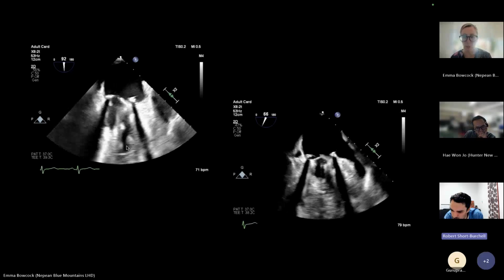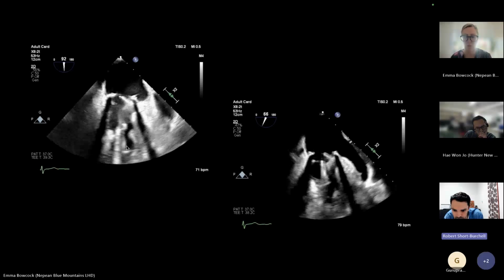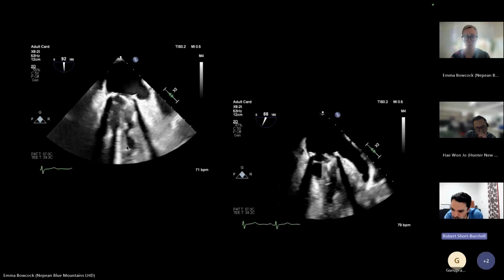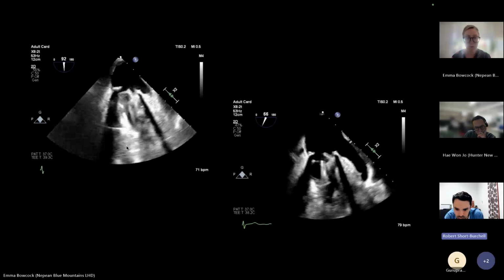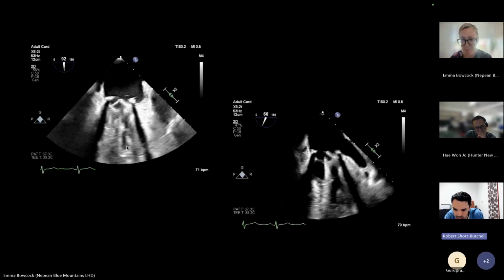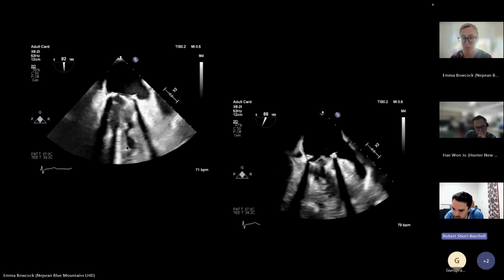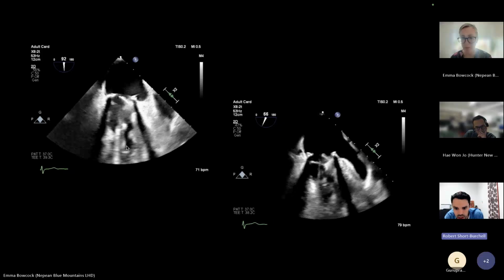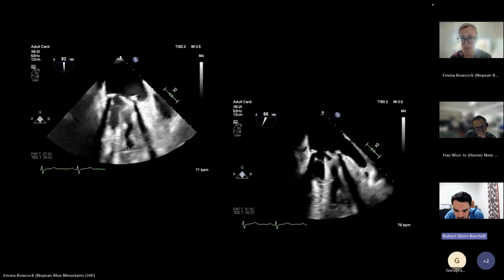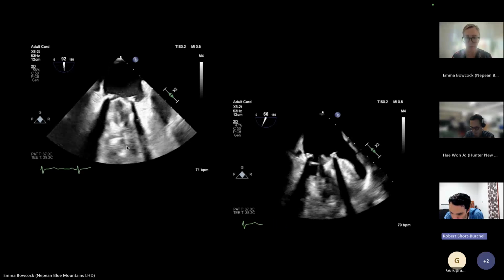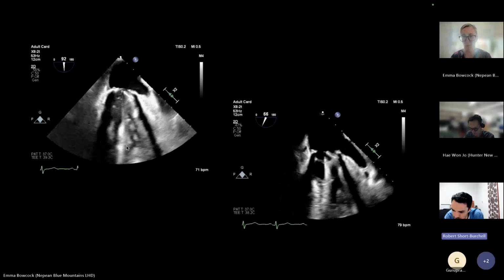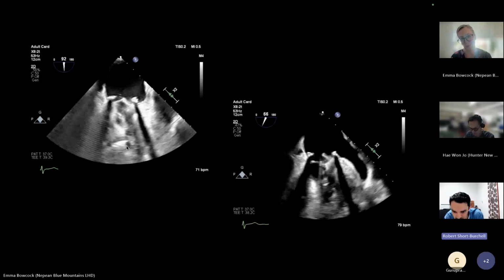So I think this is a bileaflet valve with one of the leaflets not moving. So the one on the more anterior aspect towards the left atrial appendage is not moving, whereas the other valve leaflet is moving. You can see the associated artifact of that mechanical bileaflet mitral valve.